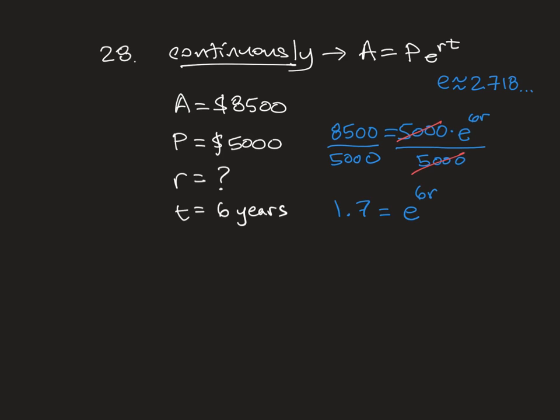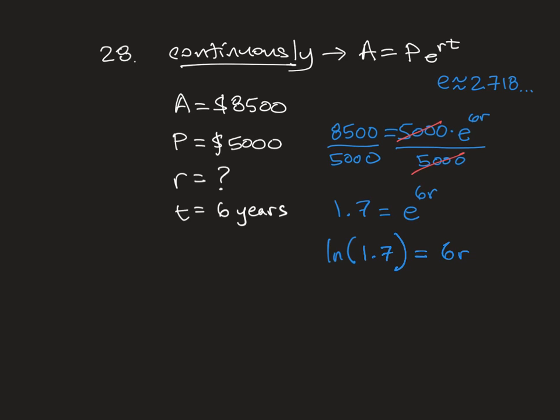Okay, so in logarithmic form, because I'm working with base e, the log that I need is log base e, the natural log. So then it's the log base e of, not the exponent, but that thing I keep calling Tracy over here, 1.7. That's going to equal my exponent, 6r.